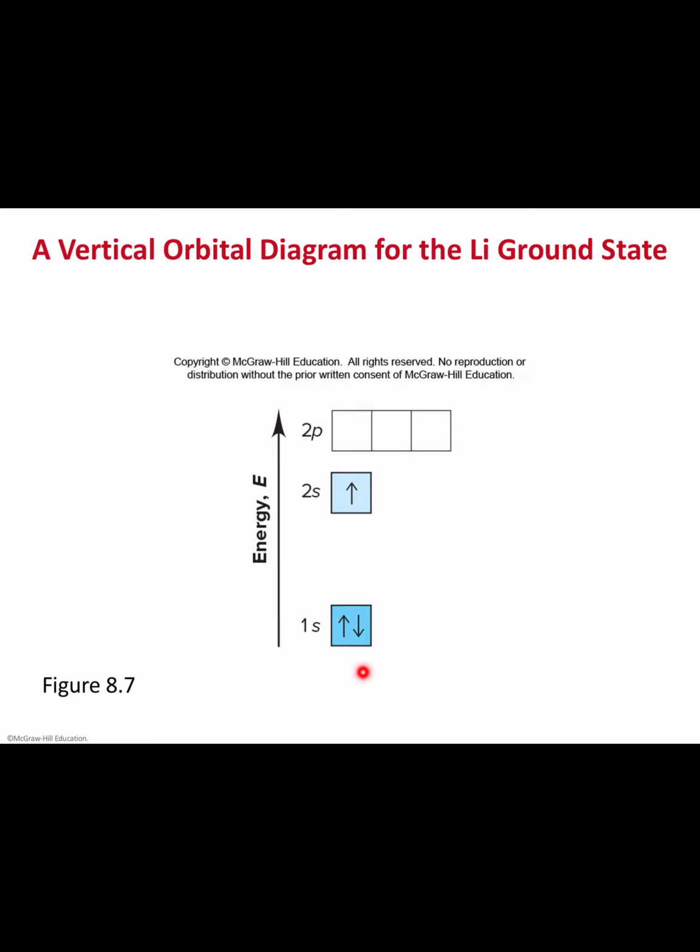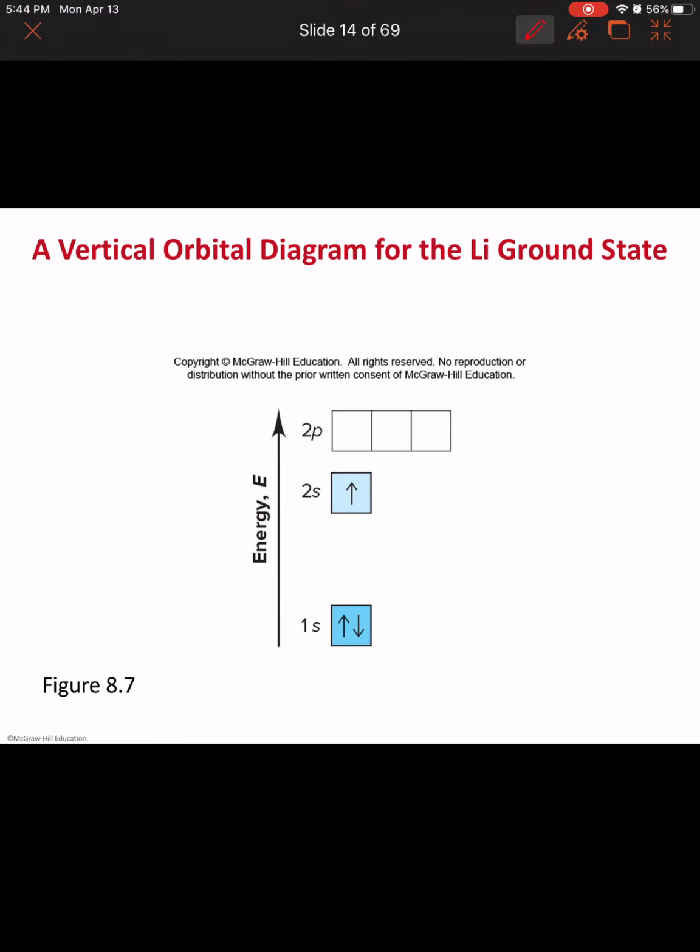Remember, we learned that each orbital can have a maximum of 2 electrons and their spins need to be paired. So this is the 1s orbital. The first 2 electrons of lithium, you put in the very bottom, the lowest energy level, which is 1s, and it has 2 electrons right there.